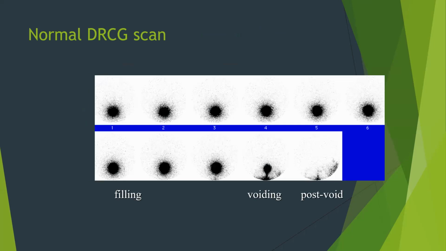So this is what a normal DRCG scan looks like. After suprapubic injection, we can see the tracer instilled into the bladder, and the child sits on the seat, and during the filling and the voiding phase, the images are acquired in dynamic mode. During the voiding, we can see there is no reflux of the tracer in the bilateral ureters. Then we acquire the post-void image also.